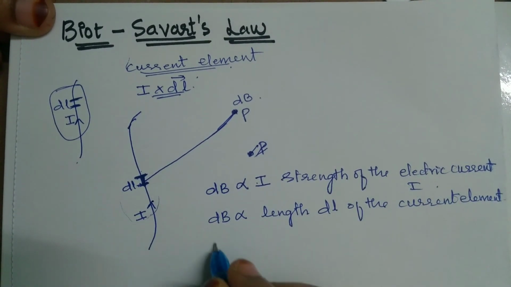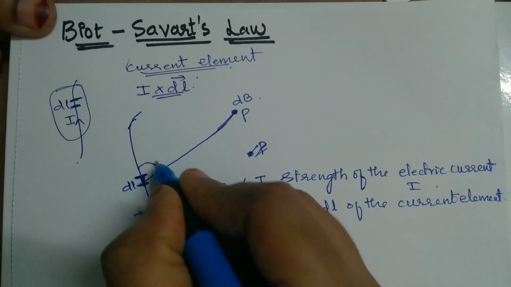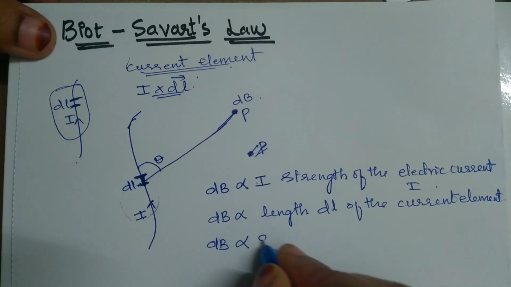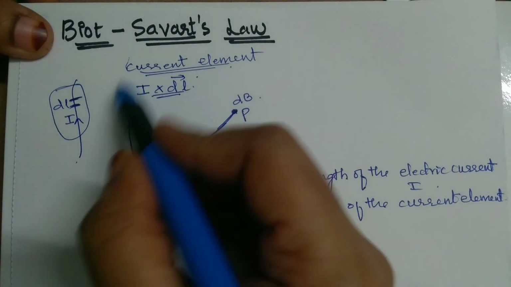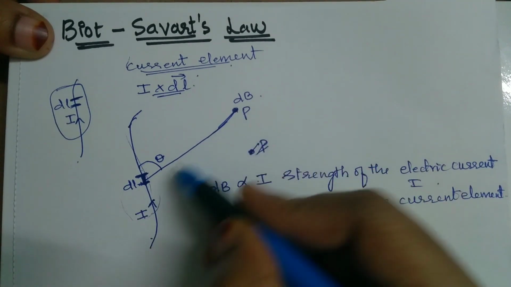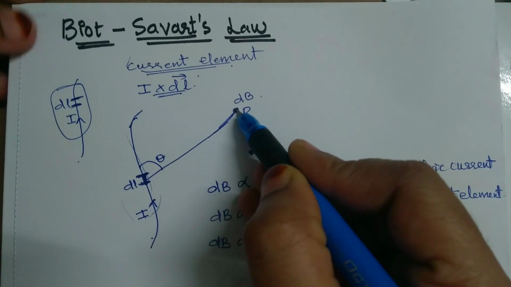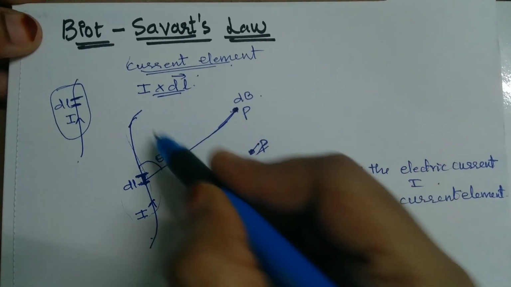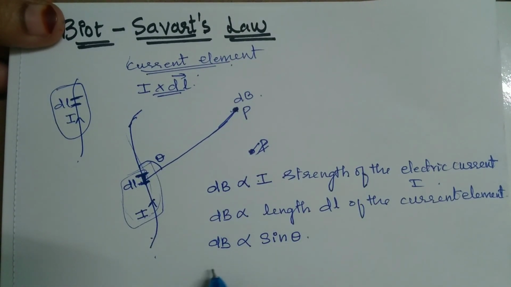And then we have the third one, it is directly proportional to the sine of the angle theta between the current element and the line joining the point of observation. This is our point of observation, right? So the line joining the point of observation with the current element.